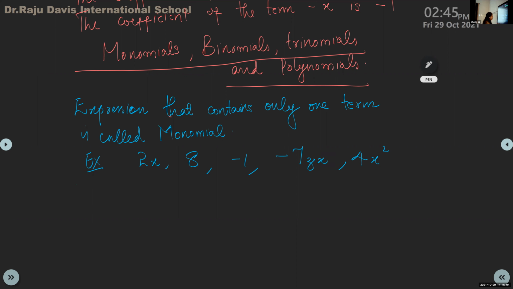Then expressions that contain 2 terms are called binomials.